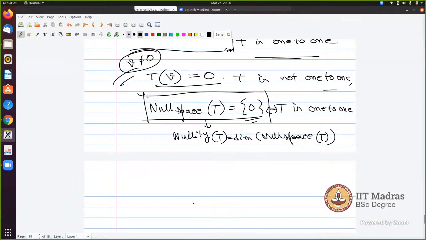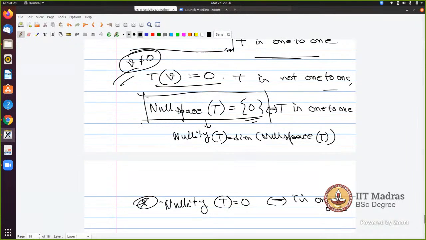What is the dimension of the 0 vector space? 0. So that means nullity is 0 if and only if T is one-to-one. Till this point it is clear?